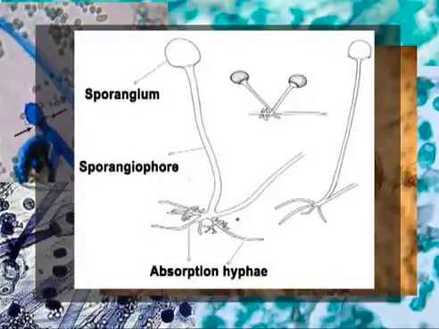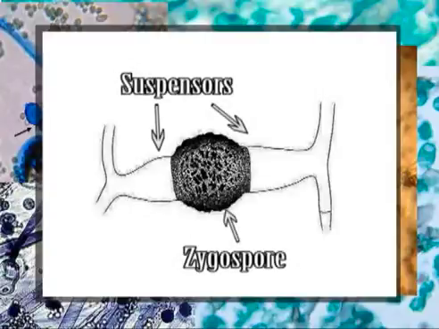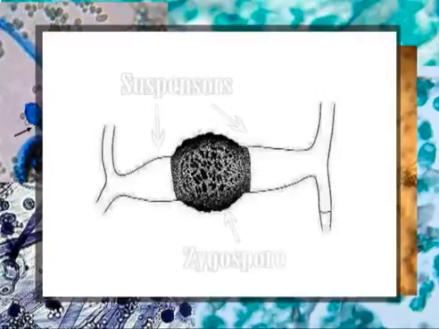The mycelium growing on the substratum can be distinguished into absorption hyphae, which penetrate the substratum and absorb food, and sporangiophores, the bulk of the aerial hyphae. The species produce non-apophysate sporangia that have a wet or dry wall when mature. The suspensors are typically enlarged, equal and opposite.